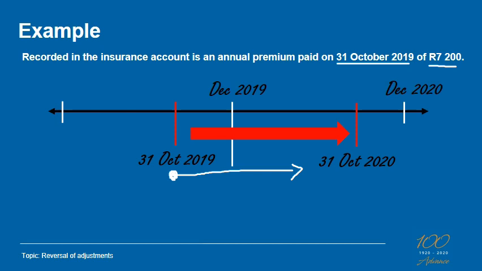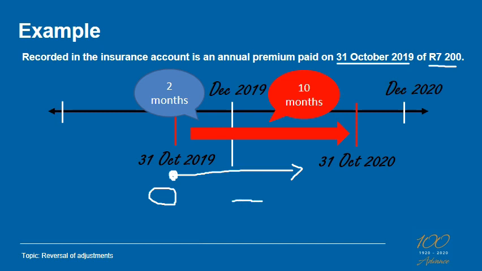If I then calculate my adjustment at the end of the year, I would have to take 10 out of the 12 months as prepaid expenses multiplied with the 7,200, and that will give me an adjusting entry of 6,000 Rand. The journal entry for that would be a debit in prepaid expense and a credit in the insurance expense account. So I'm taking out the amount at the end of the current financial year that has not been incurred for the current financial year.